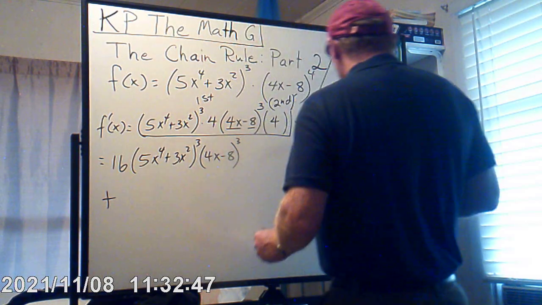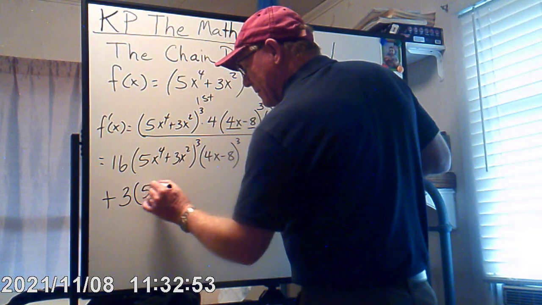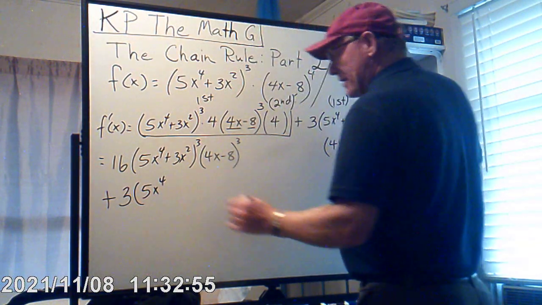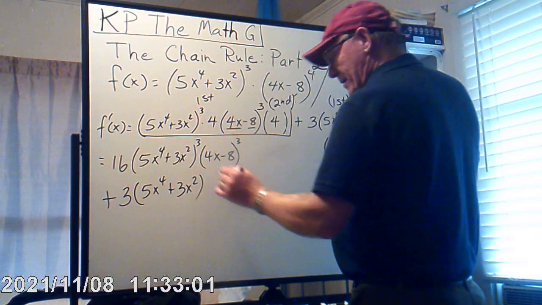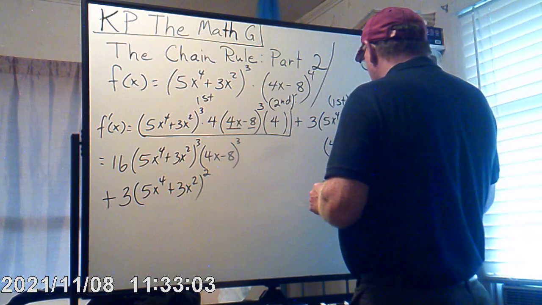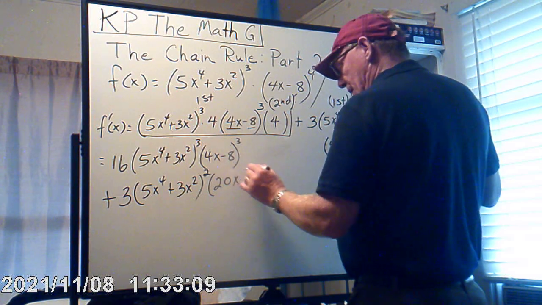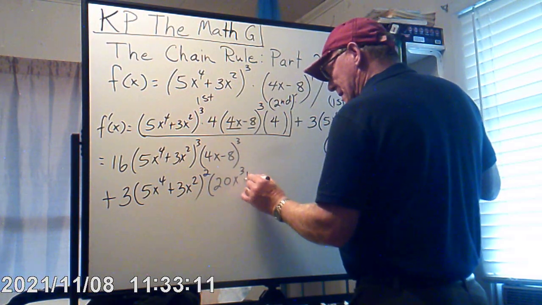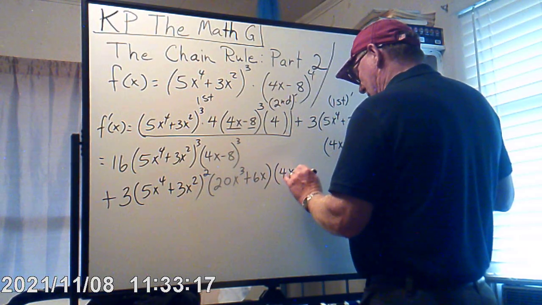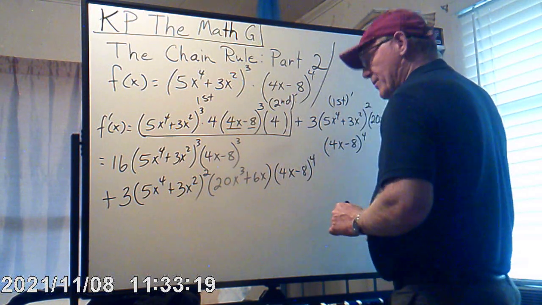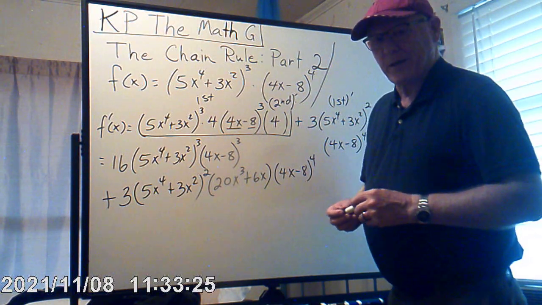So plus, now 3 times (5x to the fourth plus 3x squared), and do not forget that square up here, times (20x cubed plus 6x) times (4x minus 8) raised to the fourth. Okay. Alright, that's actually it right there.